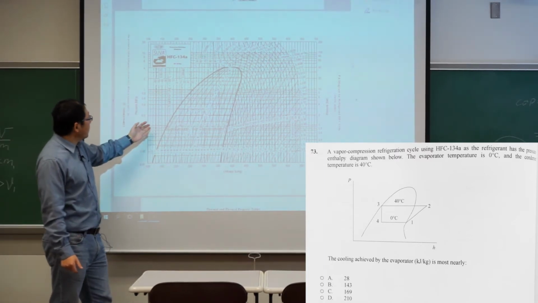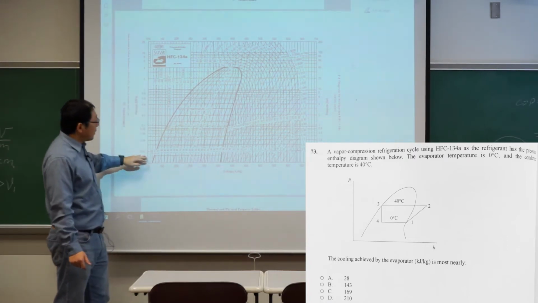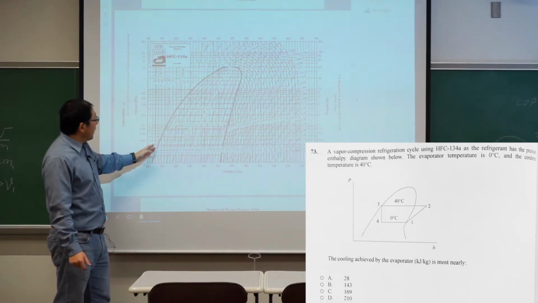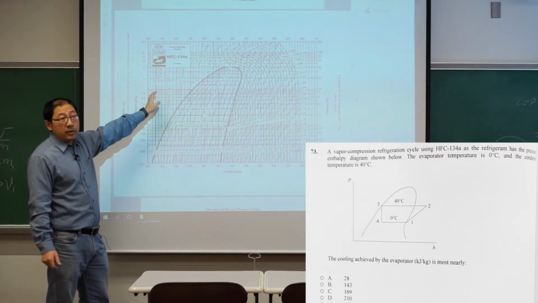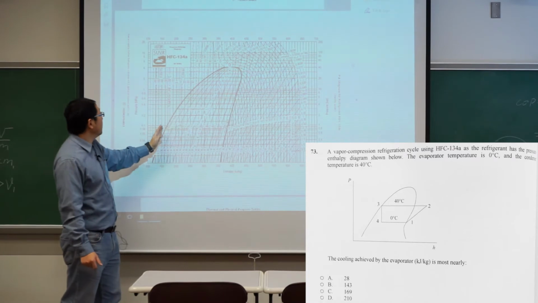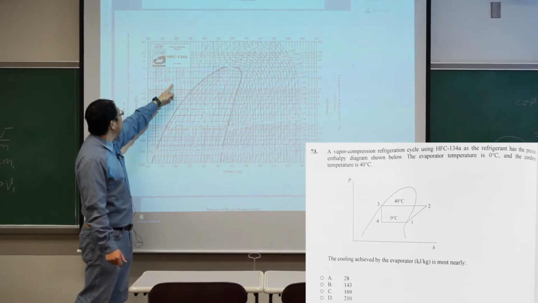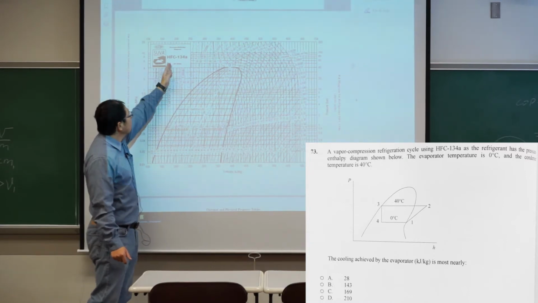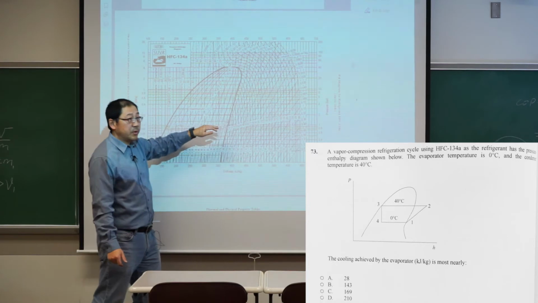For this one, you need to understand this is at a different pressure and also a constant temperature. So look at this one, temperature at -10, this is 10. Anytime on this one, that's the constant temperature.